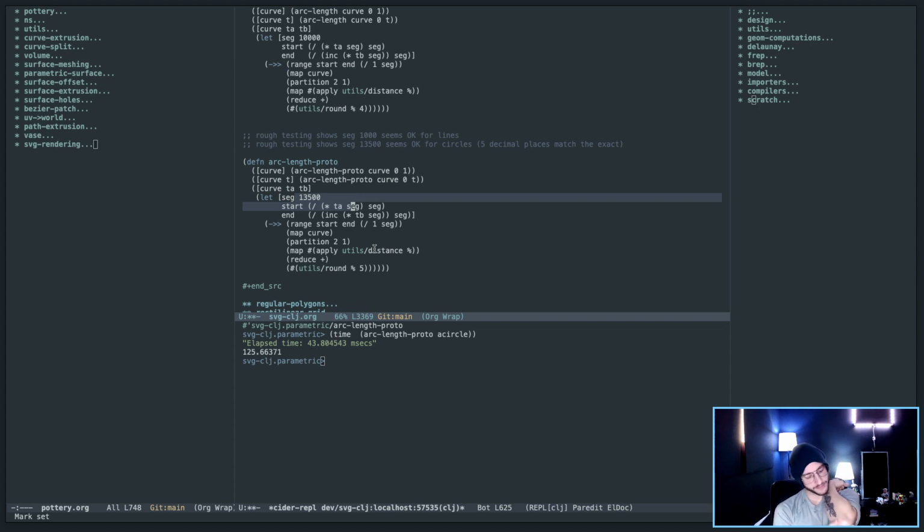And we can use that to tune things a little bit. What I want to do is make the assumption that for any parametric thing, if it's based on straight line segments such as polyline or polygon, we can get away with lower segment counts and not worry too much, because we're going to get pretty decent estimates with the arc length calculation given the step sizes.